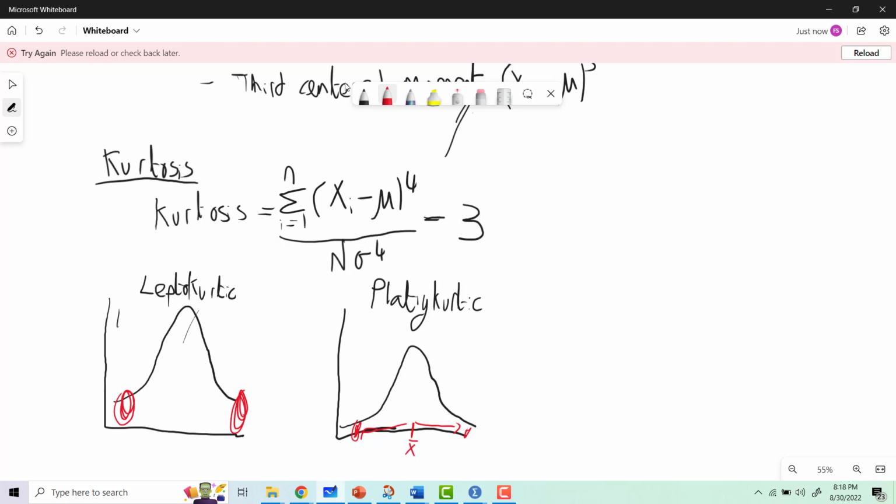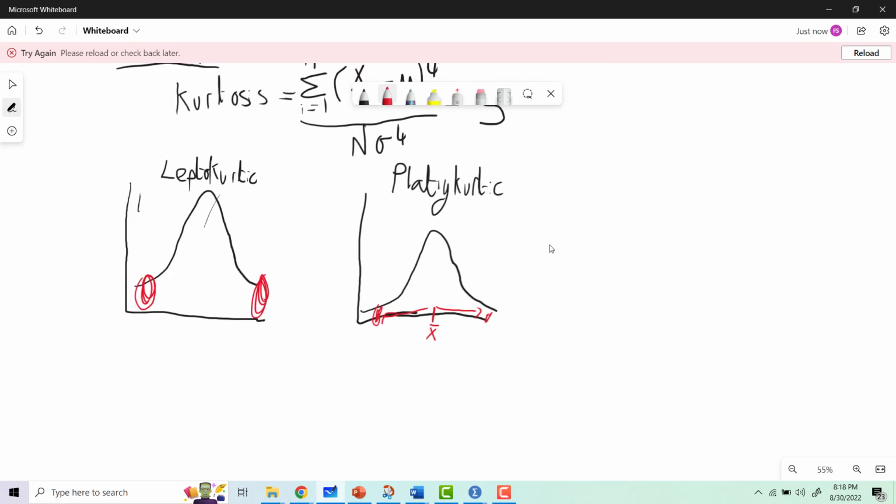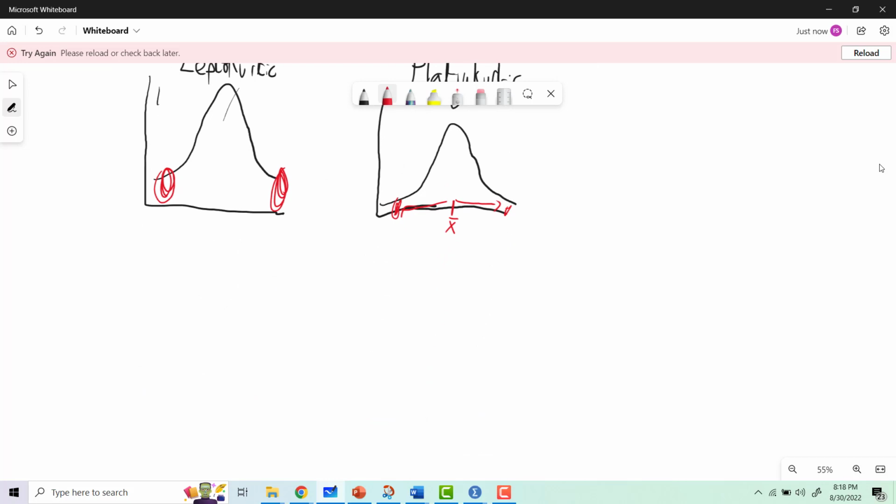So let's just have one quick numerical example, same as with the skewness. Okay, so we have 4 numbers: 1, 5, 7, and 11.